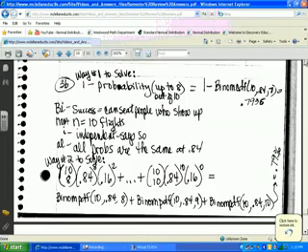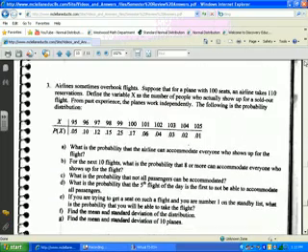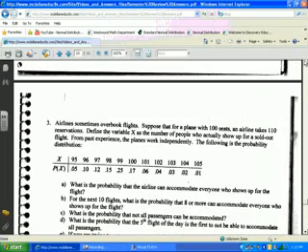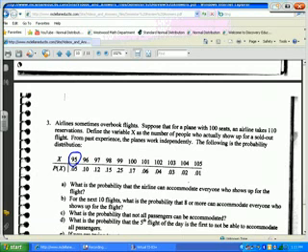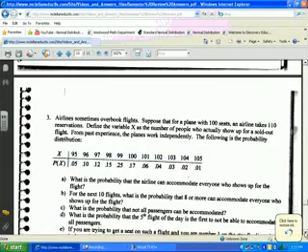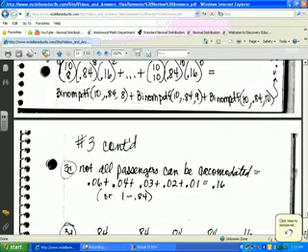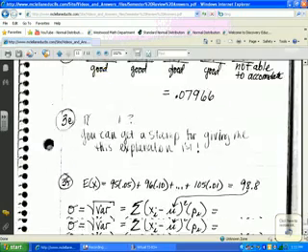Those numbers are coming from the table. 95 times 0.05 plus 96 times 0.10 plus 97 times 0.12 plus all the way through the end, 105 times 0.01. That will give you the average, otherwise known as the expected value.